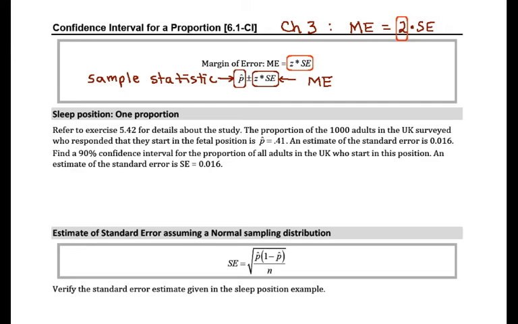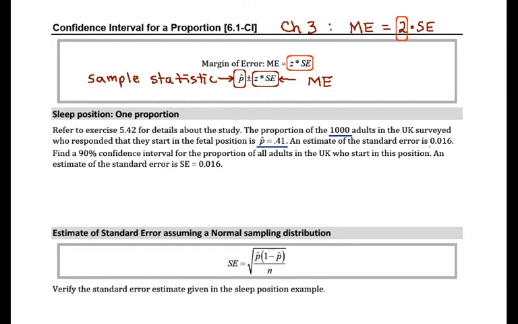So let's look at an example. We have sleep position. There's an exercise in the textbook that describes the details behind the study, but we have all the information we need right here to at least calculate the confidence interval. We had 1,000 adults in the sample, and the proportion of that sample that start out sleeping in the fetal position is 0.41.